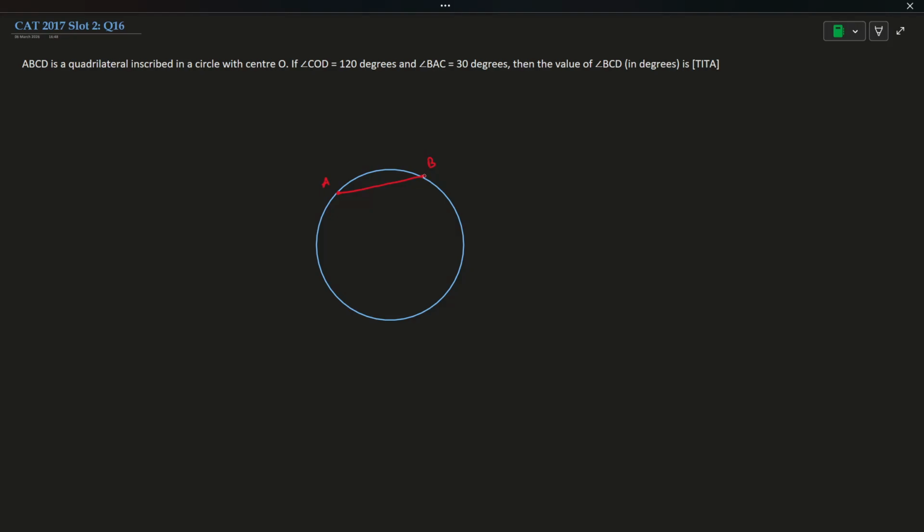So A, B, C, D. This is the quadrilateral which is inscribed in this circle. Let's say the center is O. We are told that angle COD is 120 degrees.